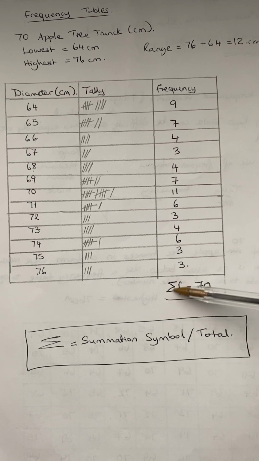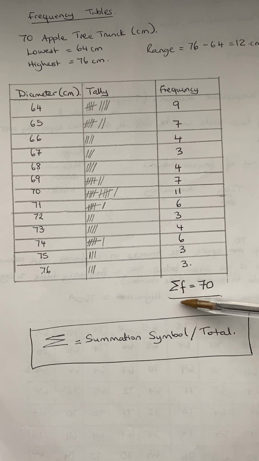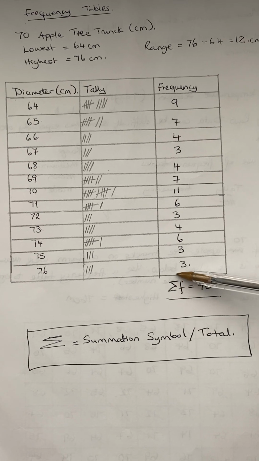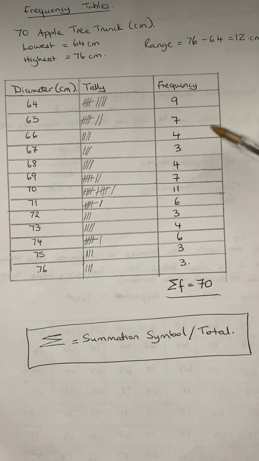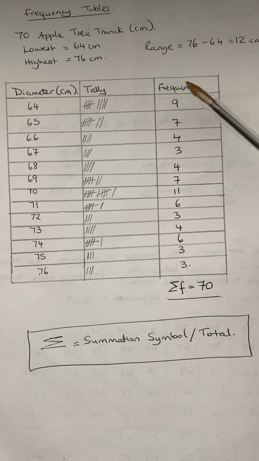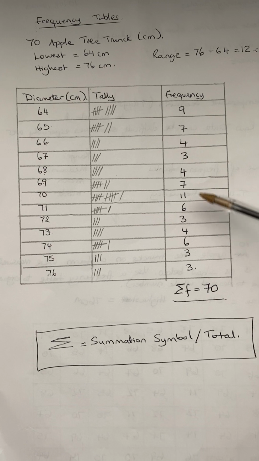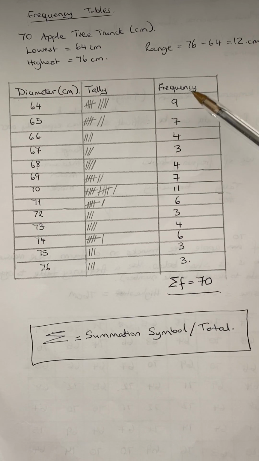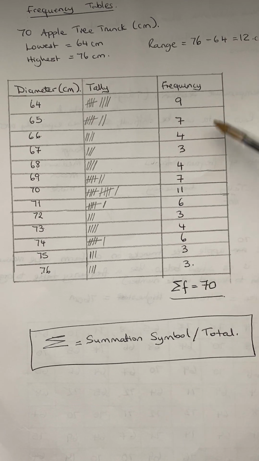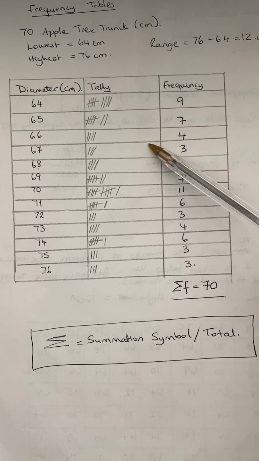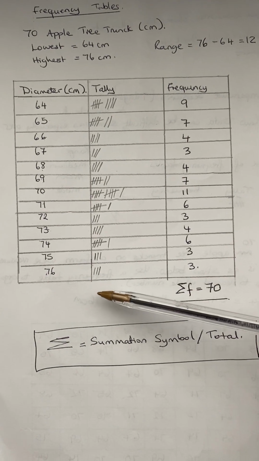This is our summation sign. Do not forget this, or the total sign. It's called sigma. It's easier now. We've reduced that whole set of 70 numbers into a nice frequency table where we can really read and see what is going on with each diameter.